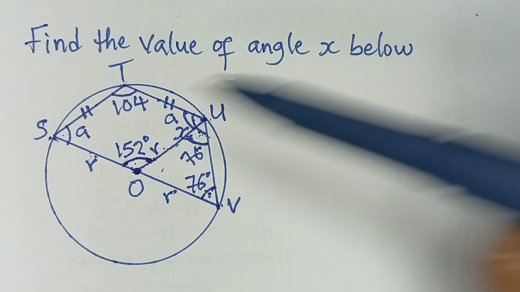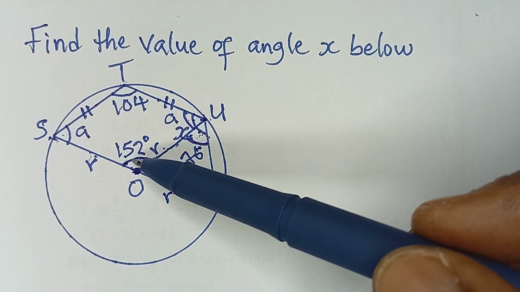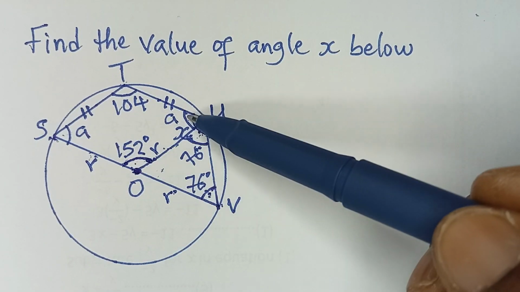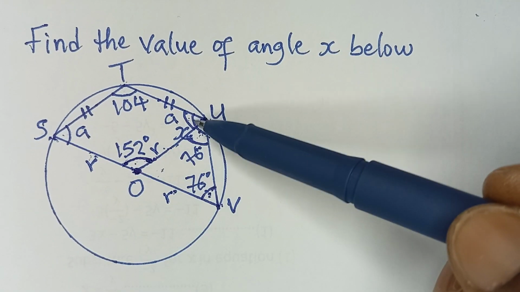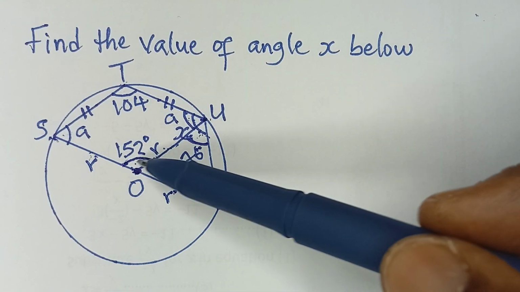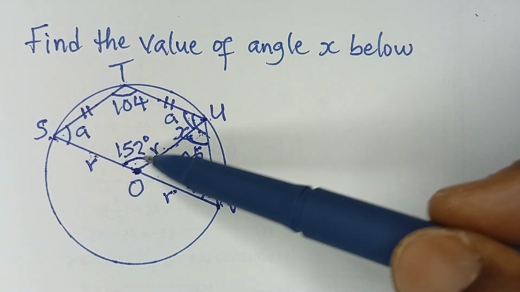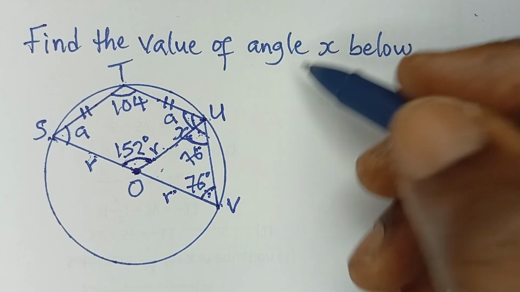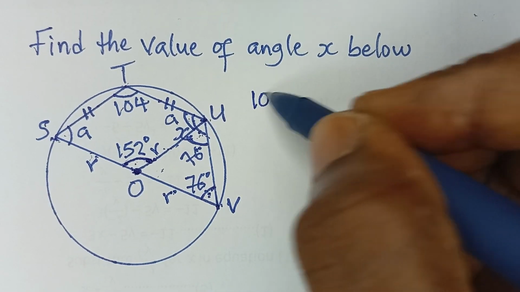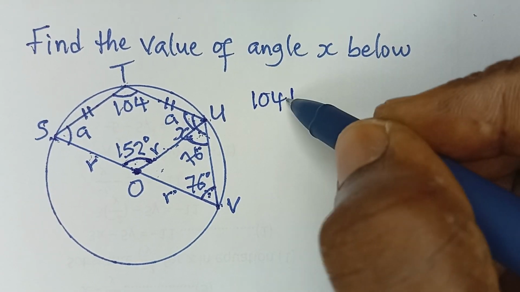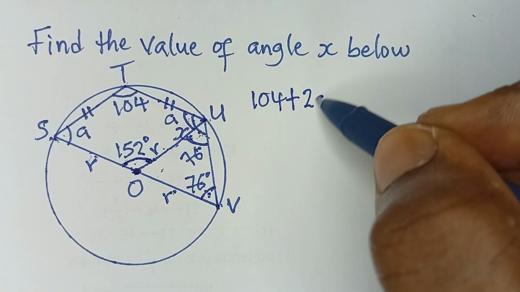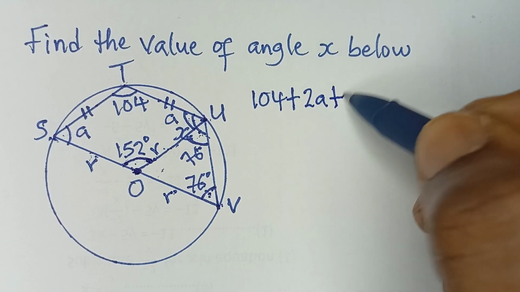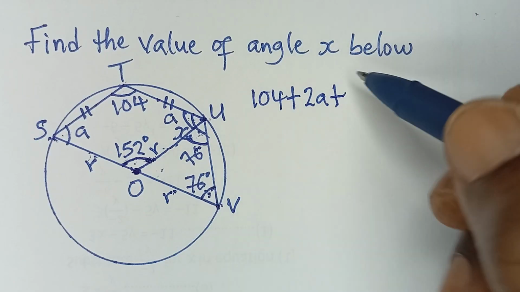Now, coming back to this quadrilateral. This is a quadrilateral. So the angles in a quadrilateral, you agree with me, add up to 360. So in this quadrilateral, let's add up all the angles. I have angle 104 plus A will give us 2A. Then plus angle 152.